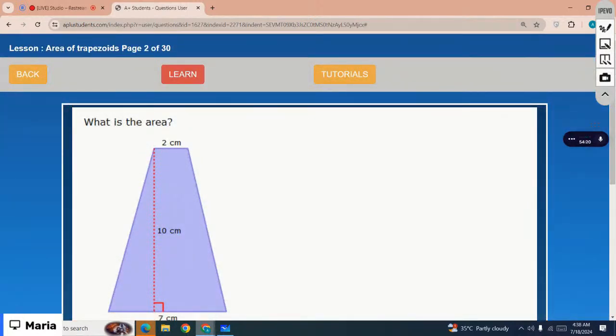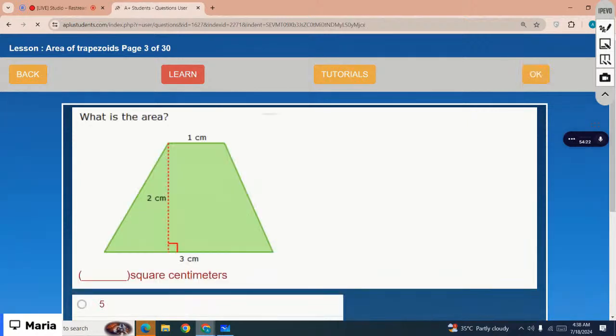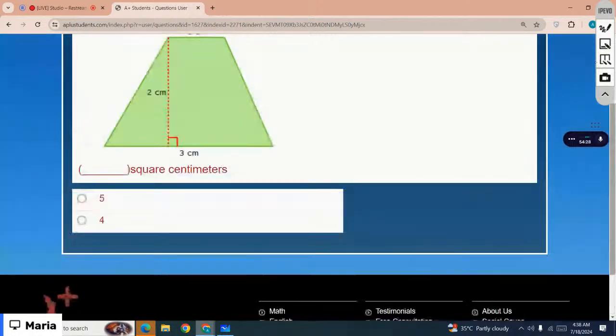Okay, the next one is, what is the area? So you just do the calculation and write the answer in the chat box. So which is the correct option? The correct option is 4.